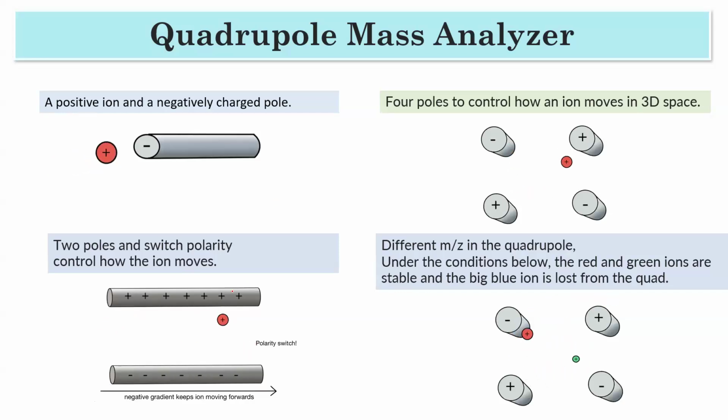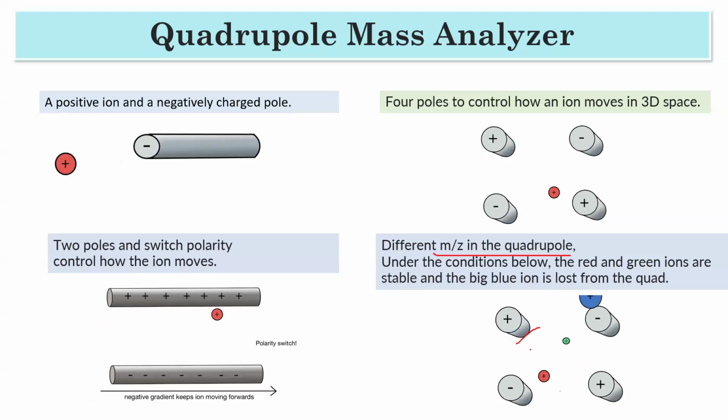Now you see, you can have different m/z in the quadrupole. Some of them are even going outside. You see this blue one is just going out, because there is interaction between the positive and negative charges.